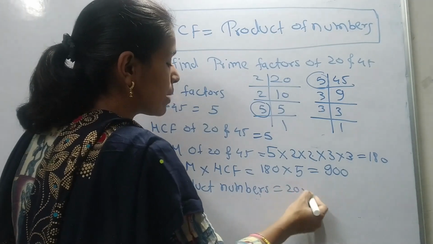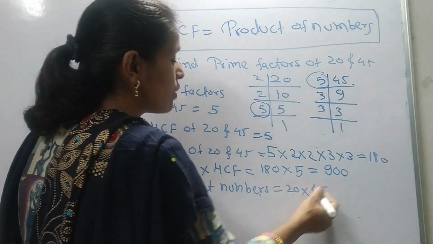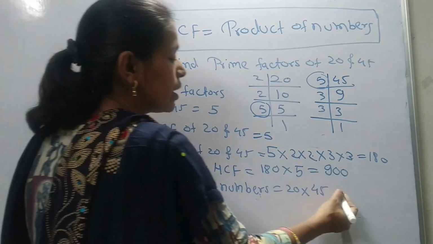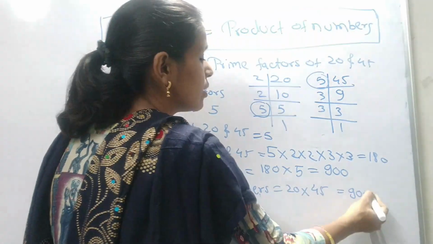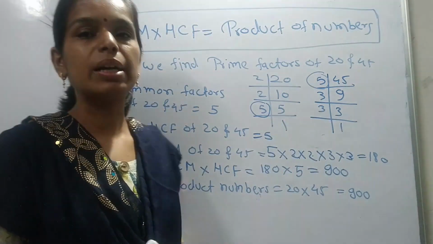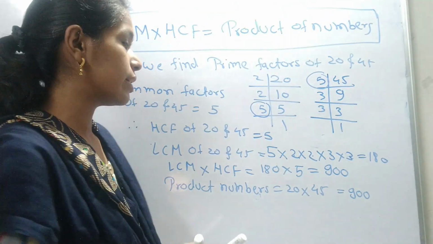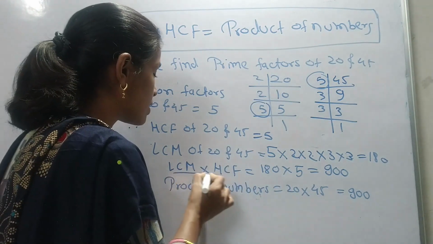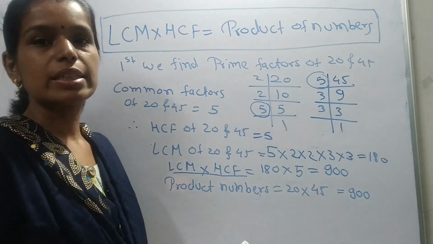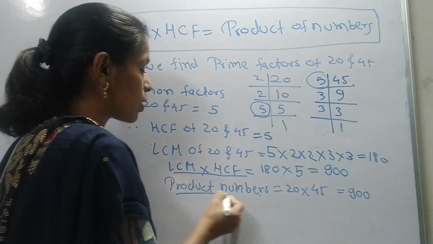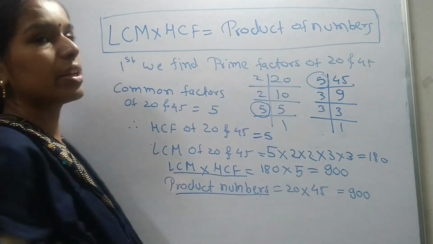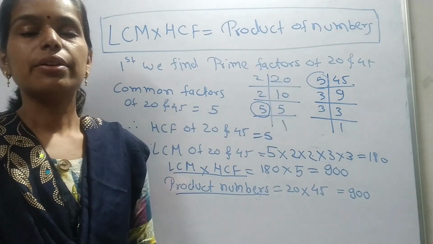If you multiply 20 by 45 or 45 by 20, you will get the answer 900. You can check it by using multiplication. So 20 into 45 is equal to 900. If you observe, you will see that the product of LCM and HCF is equal to the product of the numbers. Hence, the result is verified.